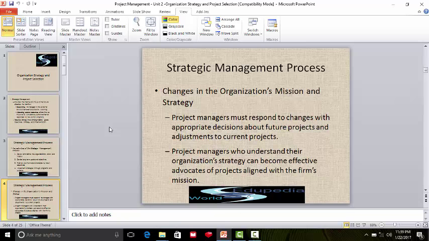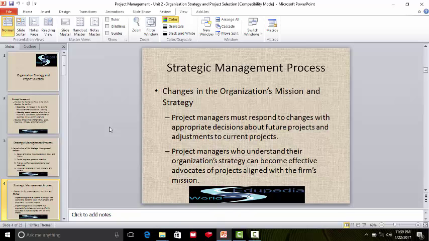Now we discuss the strategic management process. Changes in the organization's mission and strategy: project managers must respond to changes with appropriate decisions about future projects and adjustments to current projects.